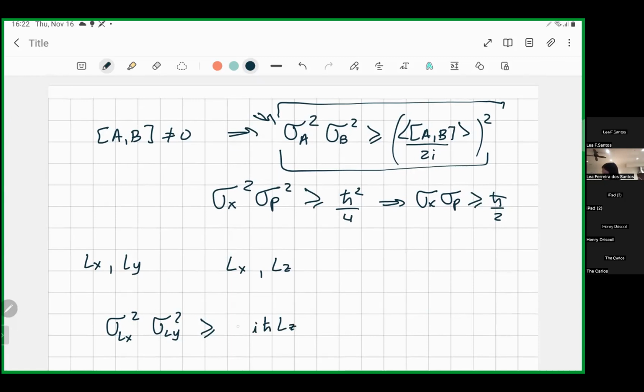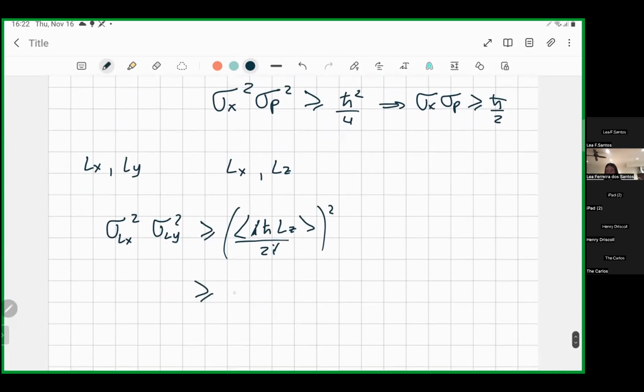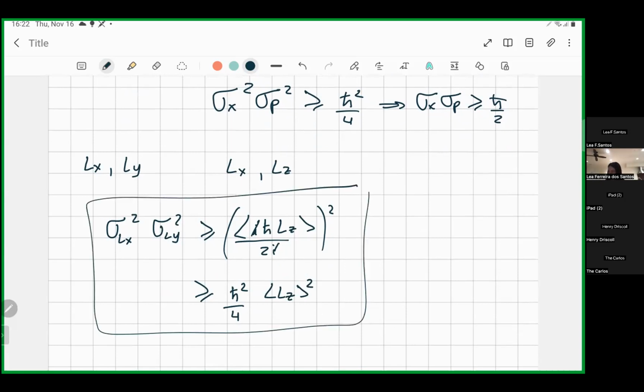So this is the commutator expectation value divided by 2i, all that squared. You see that the i's cancel, and so we have ħ squared over 4. This part looks similar to x and p, but in this case, we also have the Lz squared. The same relationship will happen for x with z, y with z, any two pairs.